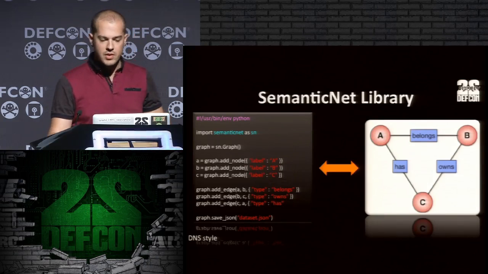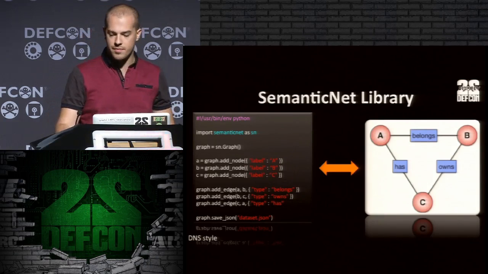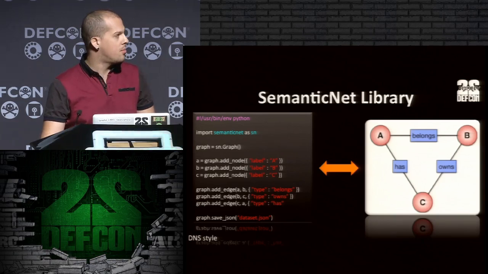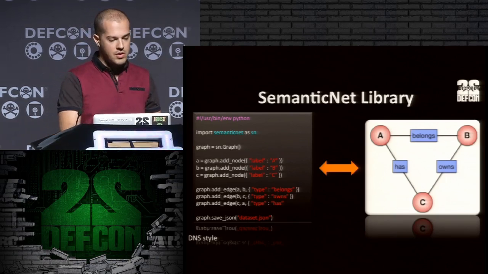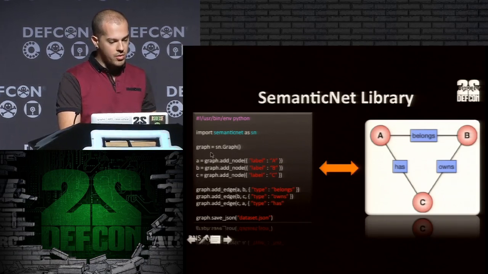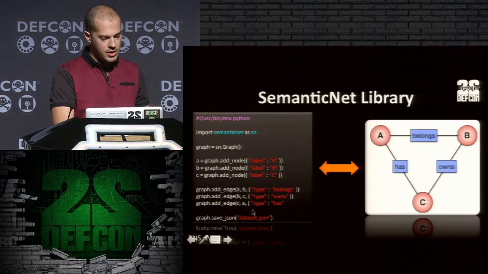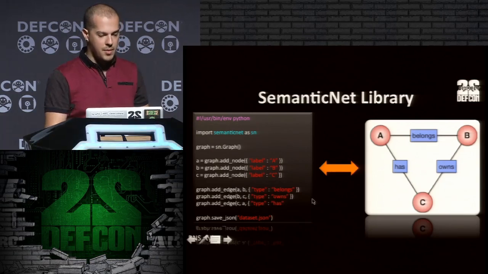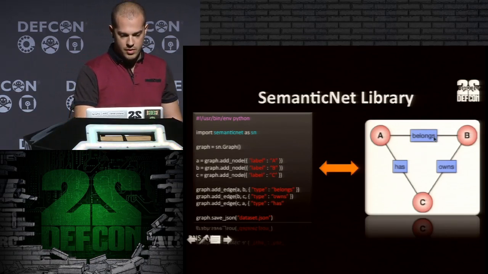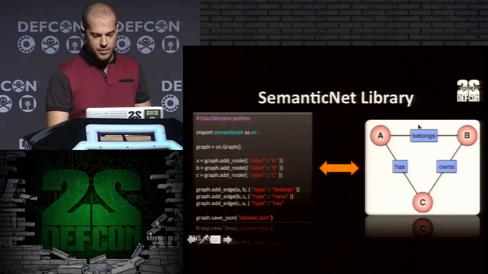So this is the Semantic Net library. This is a small graph library that we've developed at OpenDNS. As you can see, it's fairly simple. It's in Python. You can import the library here. You create the graph. You can create a couple of nodes and then connect them using the node keys. And then you can have types and different attributes in the graph. That gives you the equivalent of the diagram you have on the right.